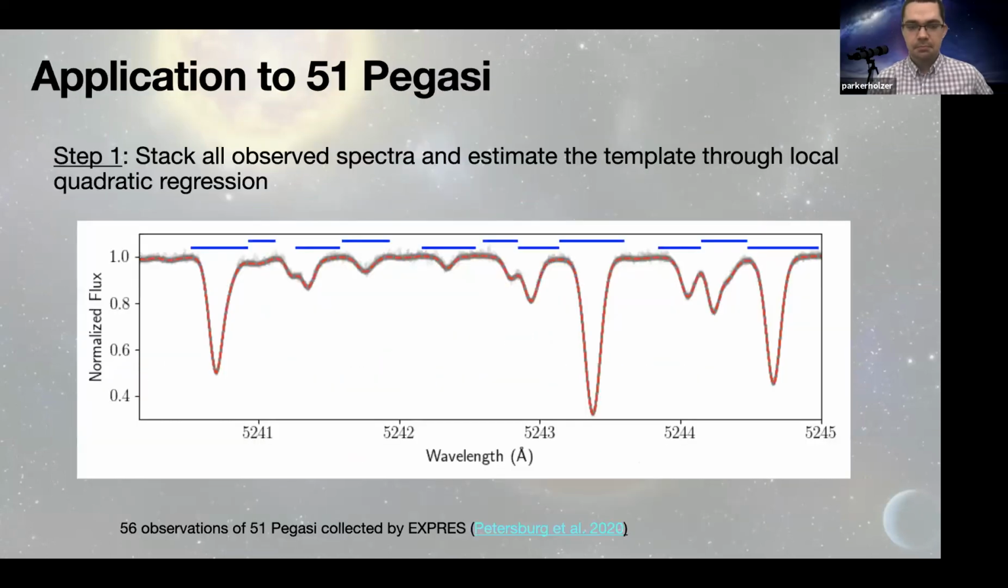So fitting your template, your example here is 51 Peg, the most famous exoplanet example. And I think you said you have 56 observations of the spectrum here, which I agree totally makes it pretty much irrelevant which non-parametric method you use to smooth 51 stacked spectra here.